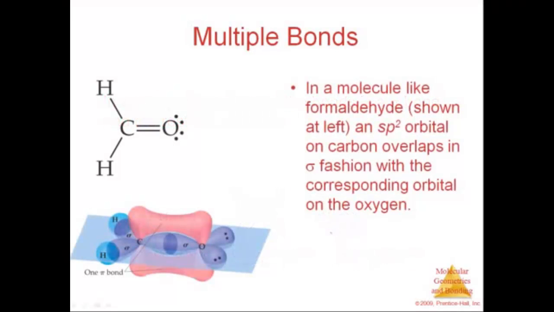Okay, so in a molecule like formaldehyde, CH2O, we have overlapped in the sigma, right? So we have this nice, neat overlap. But then the pi bonds also overlap, and when they do, we get this overlap side to side that makes it look like this, I don't know, dog bone, right?